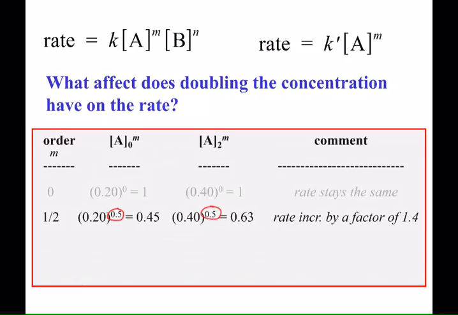So if you go ahead and take 0.2 raised to its reaction order, you get 0.45. If you take 0.4 raised to its reaction order, you get 0.63. You guys are going to be doing some of this. This 1.4 came from taking the 0.63 and dividing by 0.45. So if you want to put that in your notes somewhere, you can. So the observed increase was 1.4.